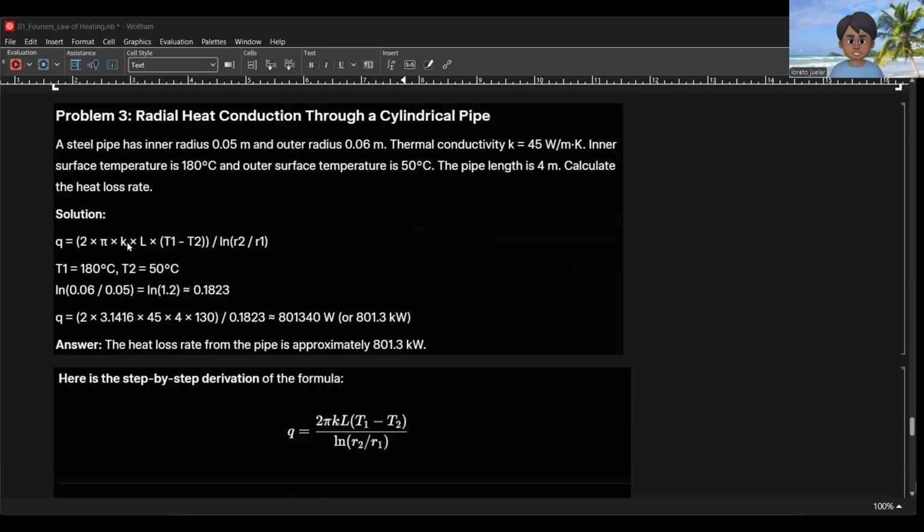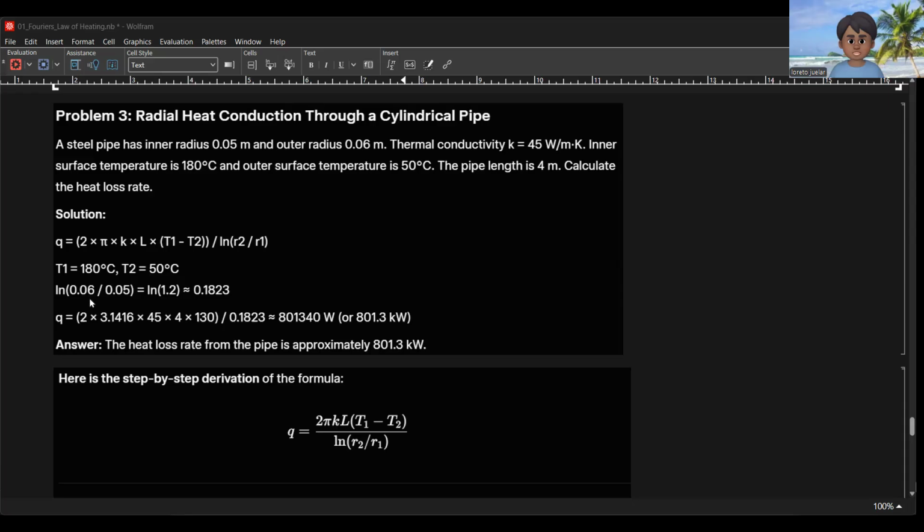So the Q here is 2 pi times K times L times T sub 1 minus T sub 2 over ln of R sub 2 over R sub 1. We have the given here: T sub 1 equal to 180 degrees Celsius, T sub 2 is 50 degrees Celsius.